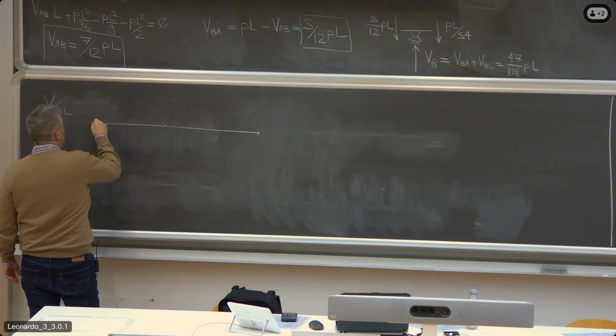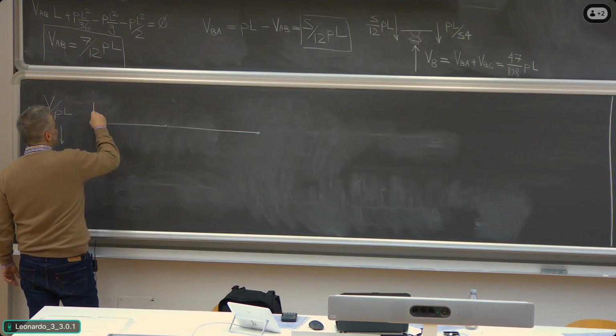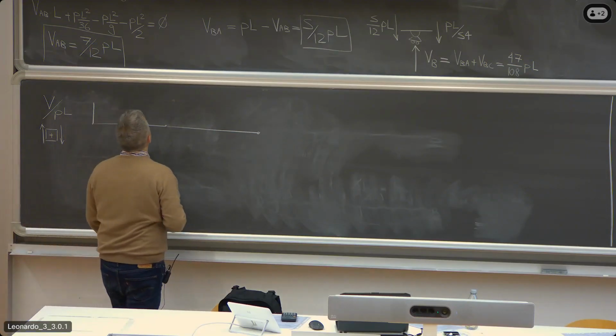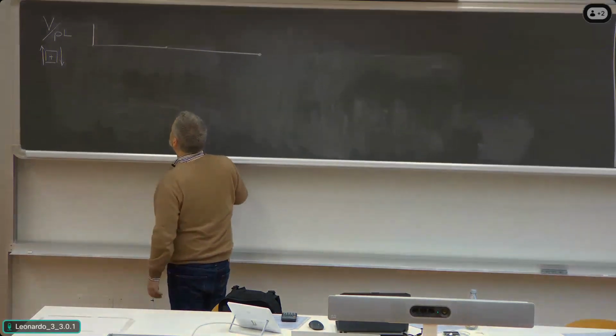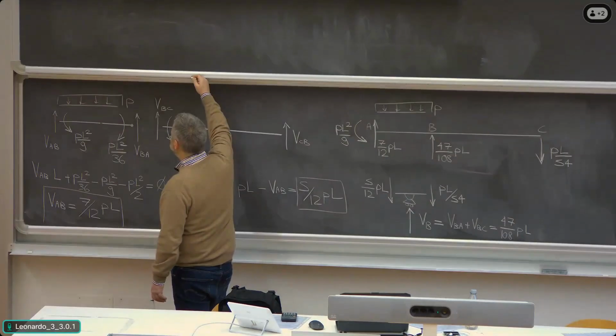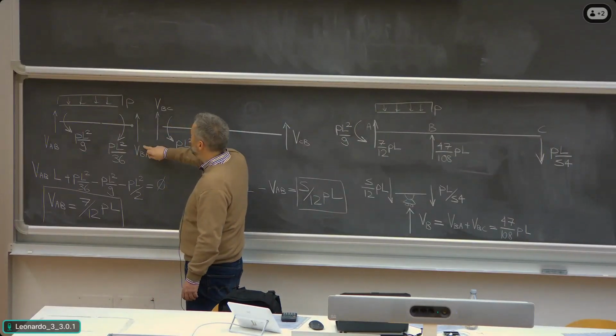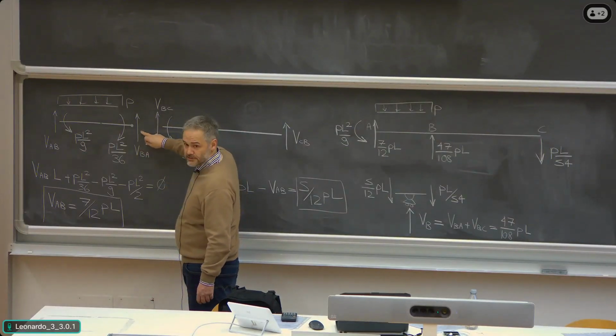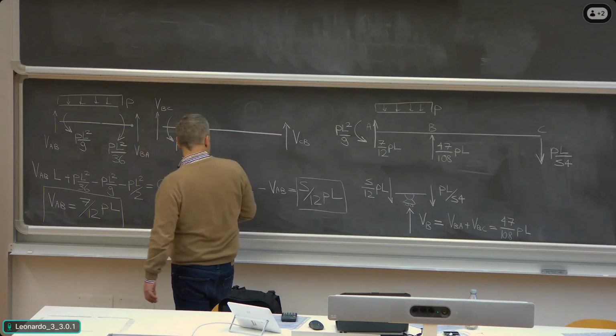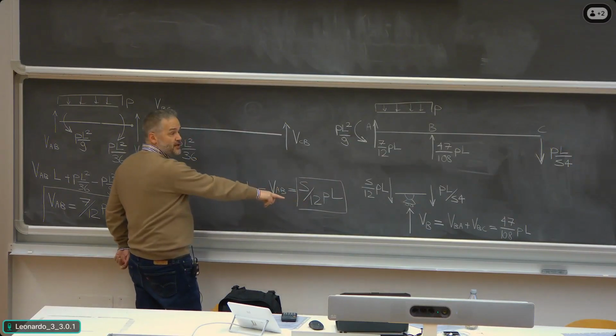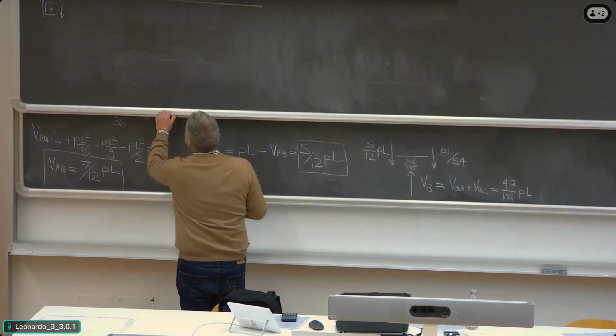So this 7 over 12 PL is positive. For the same reason, VBA, which is upwards on the right with a value of 5 over 12, is negative.